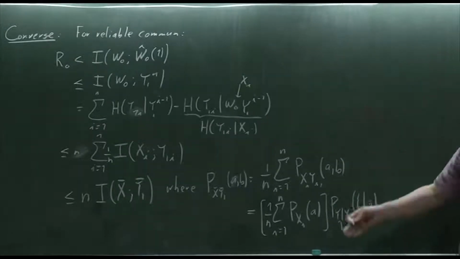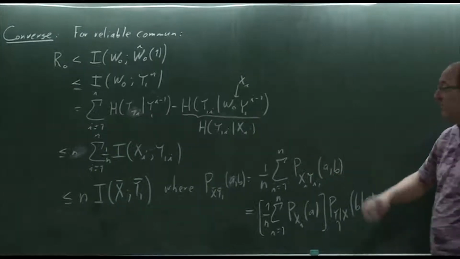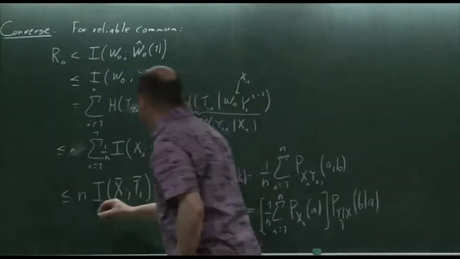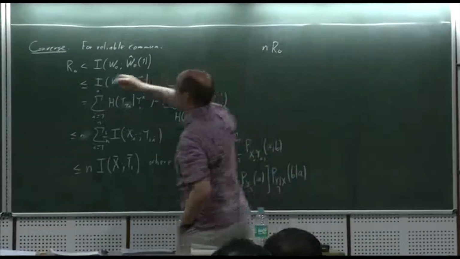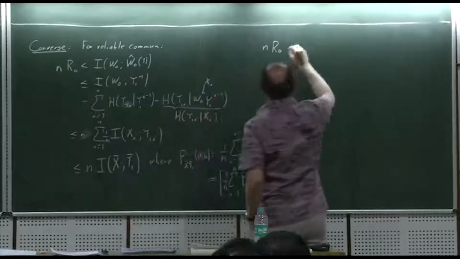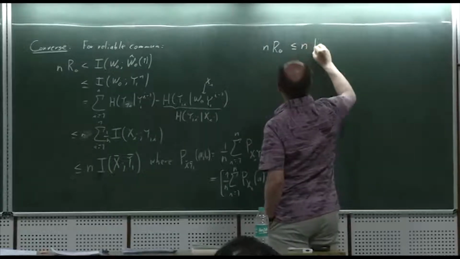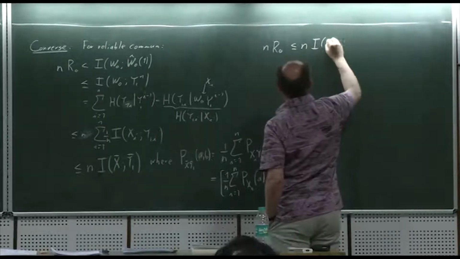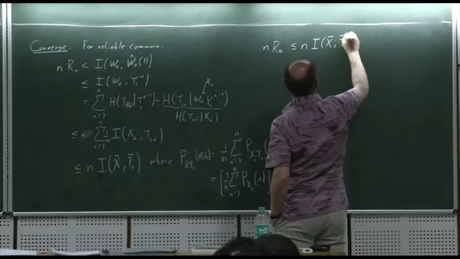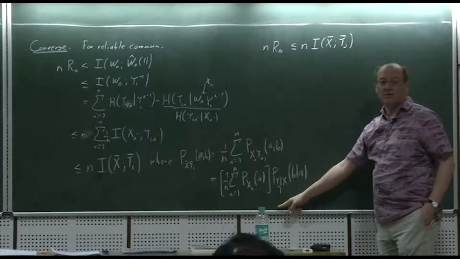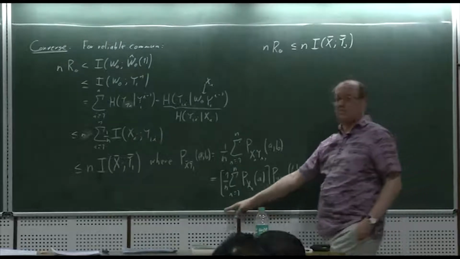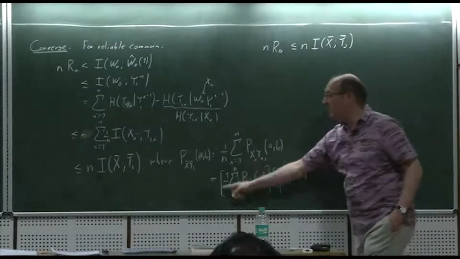Okay, we can do the same thing now for y2. We'll also get the same thing for y2. Should have written here n less than or equal to n I of x bar, y2. And fortunately, we'll get the same expression, right? So we'll also get this expression with the same x.